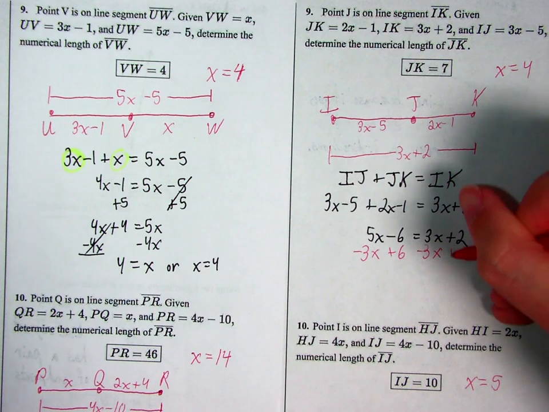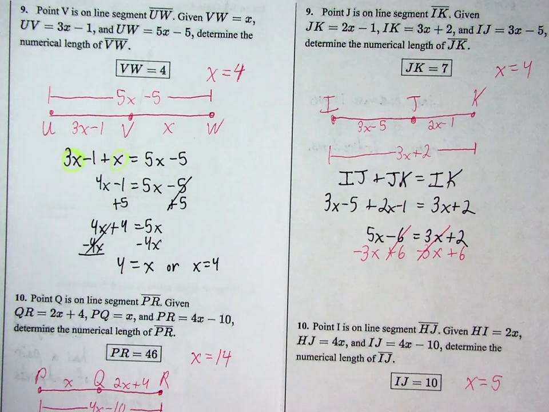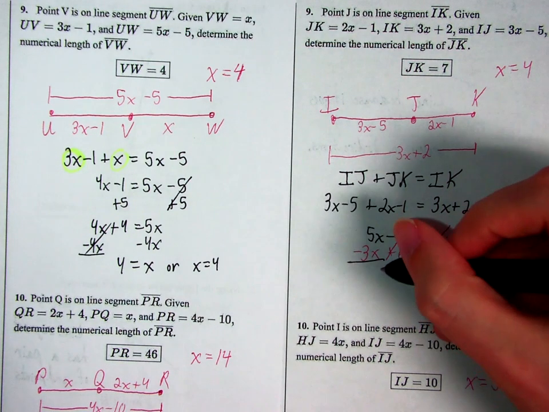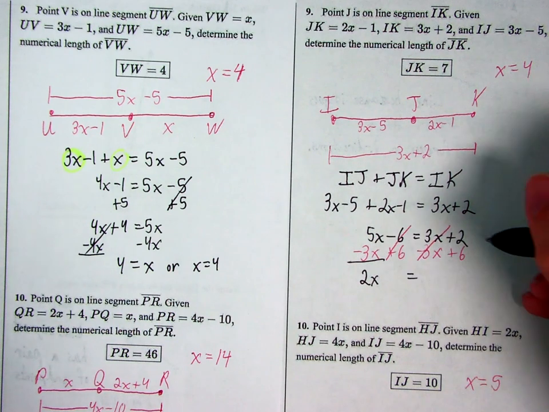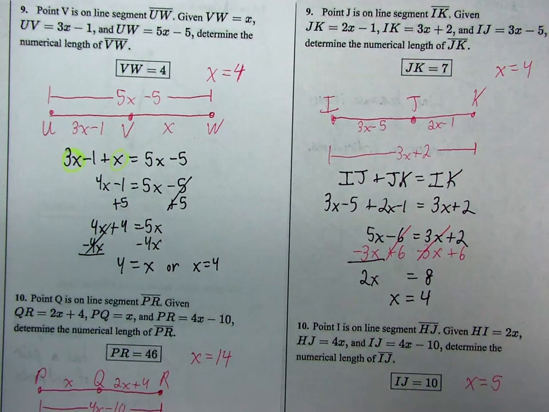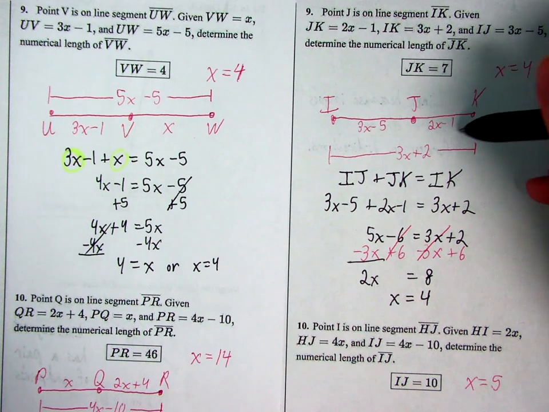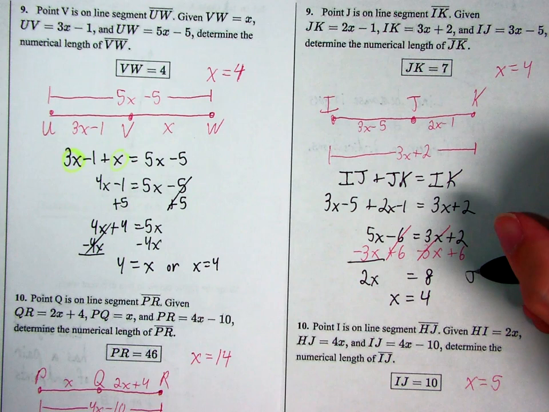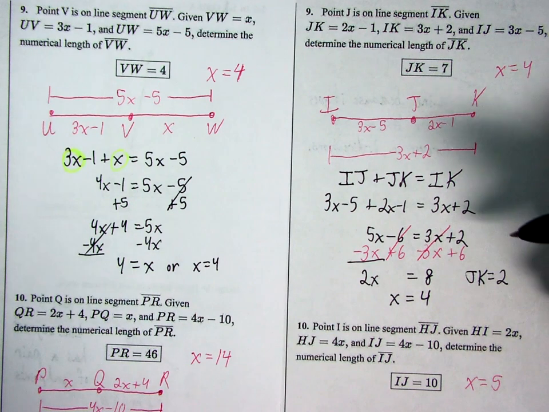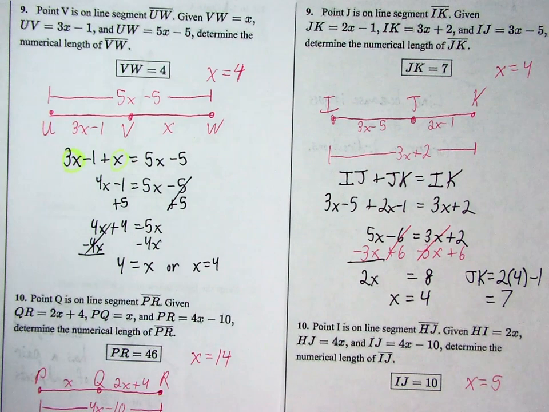We'll add 6 to both sides to make the minus 6 go away and to make the 3x go away, leaving us with 2x equals 8, or x equals 4. X equals 4. The last thing we needed was to know what JK was. Well, we knew J to K had this equation, 2x minus 1. So J to K is 2 times x, which is 4, 2 times 4 minus 1. We evaluate that, we get 7.